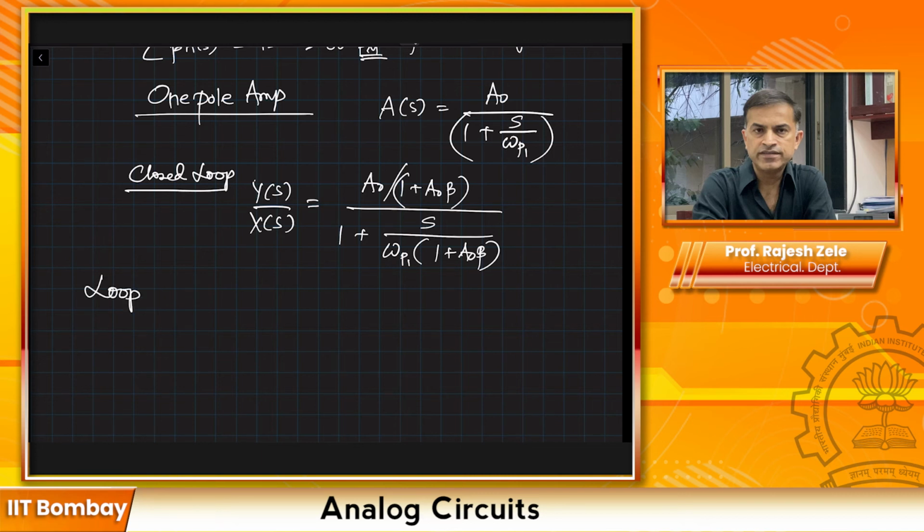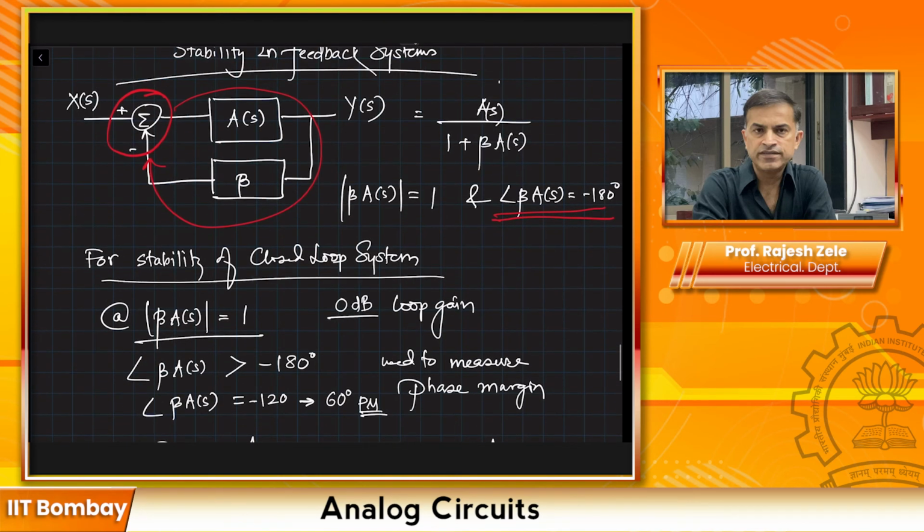Loop gain is given by beta times A of S, and we would like to observe the Bode plot of the loop gain and then be able to tell, hey, is this going to be stable or not stable when I put it in the feedback loop, which is kind of what we did in the previous case. So here, when we defined all these things, we are only talking about the loop gain.